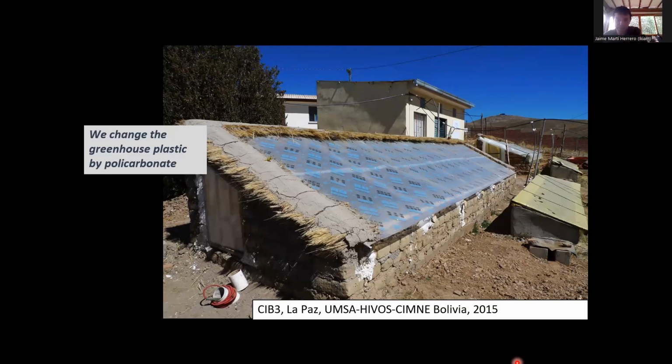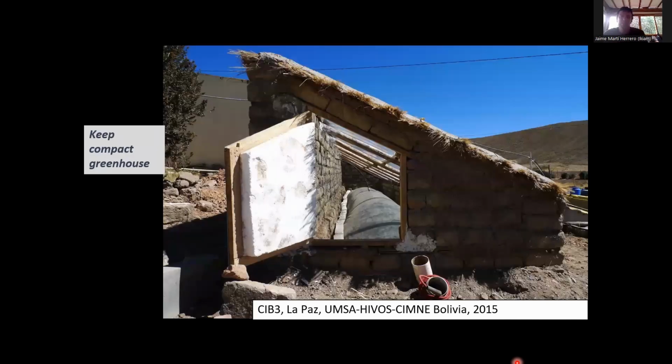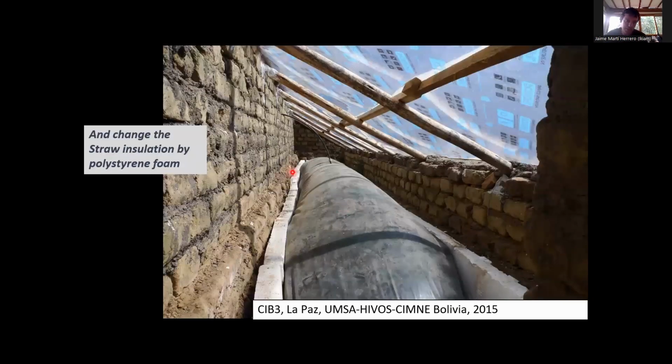For example, the plastic with a polycarbonate layer is harder and lasts longer. We also improved the insulation of the trench for the digester. So you can see here that in these conditions, you can have a very high temperature inside the digester, even with temperatures below 0 degrees outside.